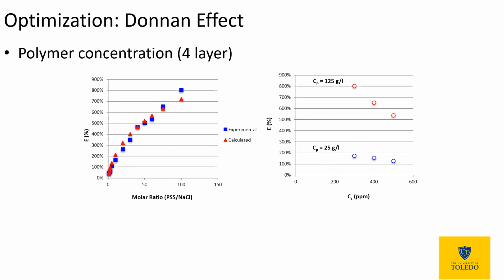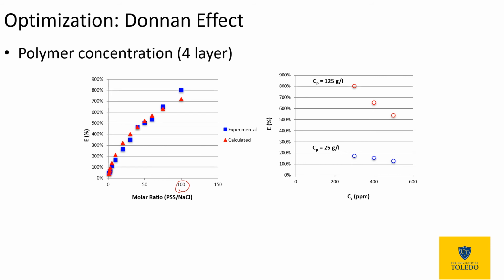Here we look at an even broader range of the ratio of sodium contributed from the polymer to the sodium contributed from the dissolved salt, in order to see how much we could increase the enhancement in the salt concentration in the permeate. Here, that ratio, instead of going from 0 to 20, goes up to nearly 100.